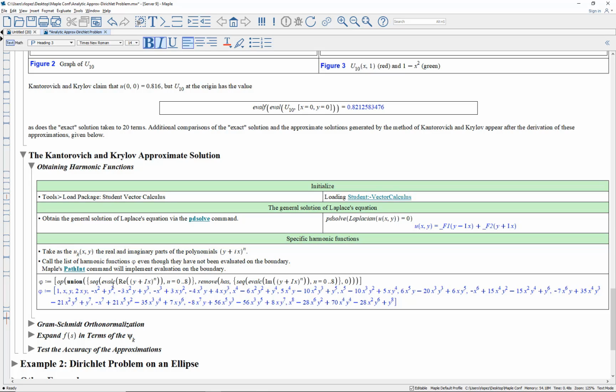So I just fill the screen with these. Then I call this whole collection by the name phi, so I can reference phi 1, phi 2, phi 3 by pulling them out of this list.